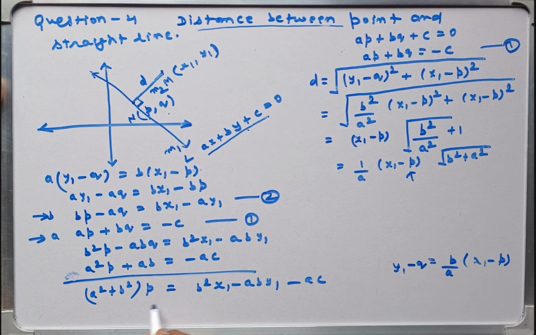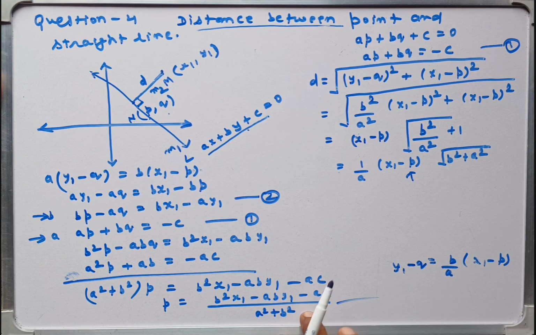So what you finally get, p equal to (b square x1 minus ab y1 minus ac) divided by (a square plus b square). Okay, so you get the value of p here.